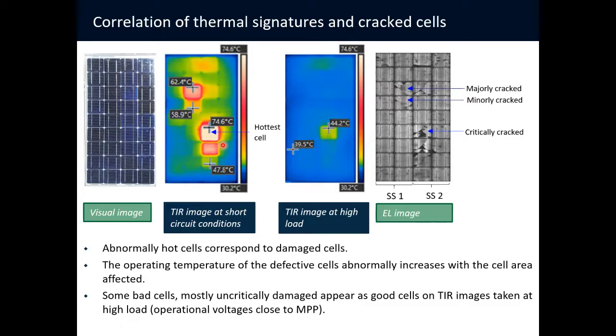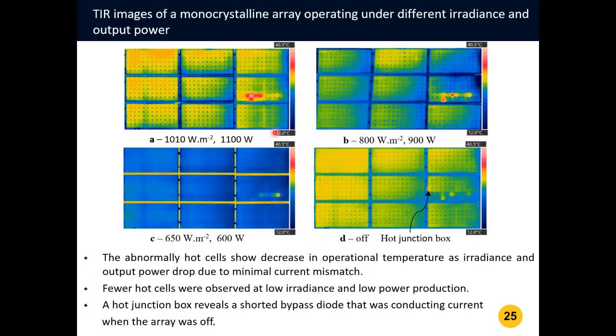Okay, this slide is showing the TIR images of a monocrystalline array that was operating under different irradiance and output power.